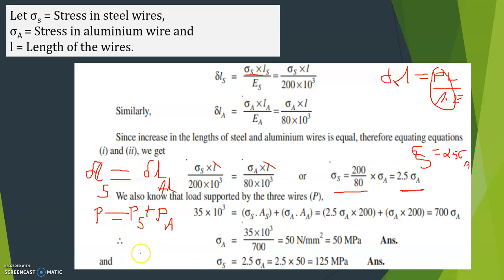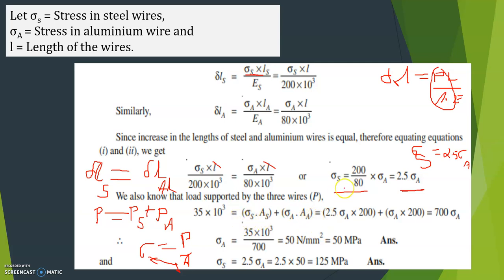We know stress is equal to load divided by area, so P is equal to sigma into A. For steel, that is sigma S into AS, plus P of the aluminium bar, that is sigma A into AA.